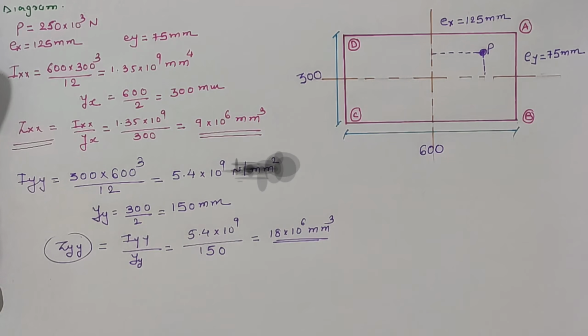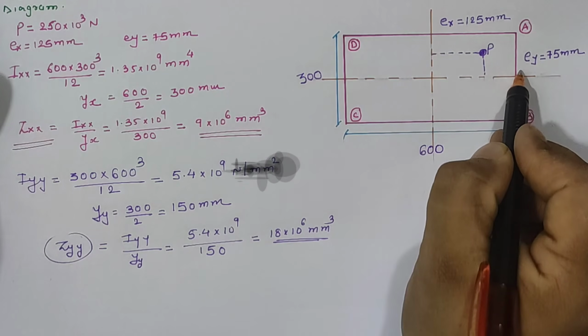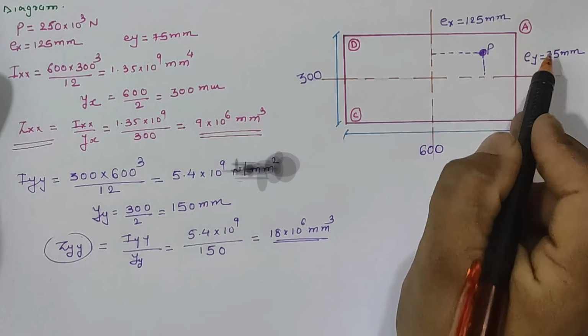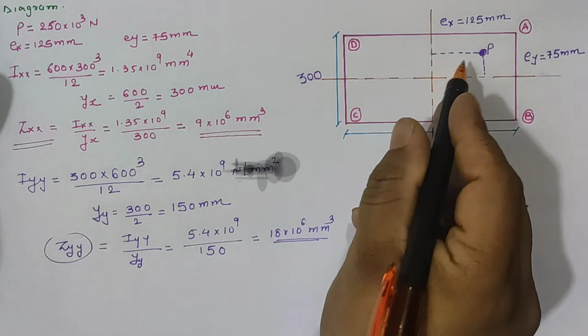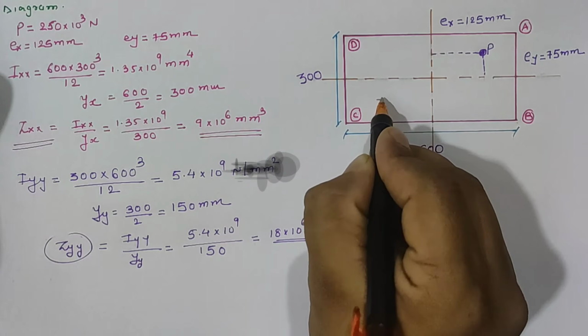Now according to the theory part, as described in before lectures, we know that the eccentricity in part A is positive, hence sigma bx and sigma by both are positive. In part C, the eccentricity is negative, hence both the values are negative.